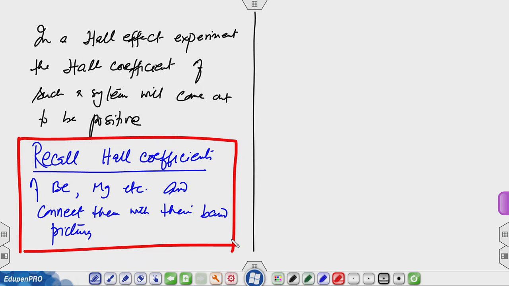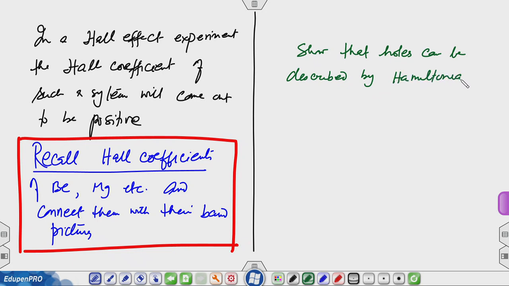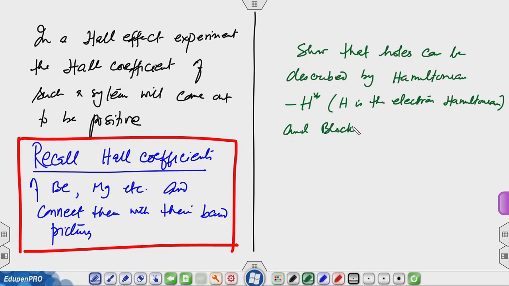Now, that is one thing, and other thing I want you to do is show that holes can be described by Hamiltonian minus H star, where H is the electron Hamiltonian, and wave function psi k star.